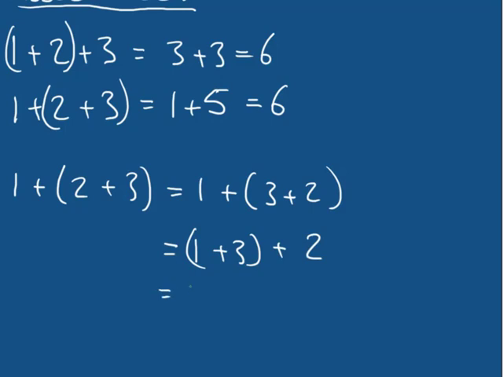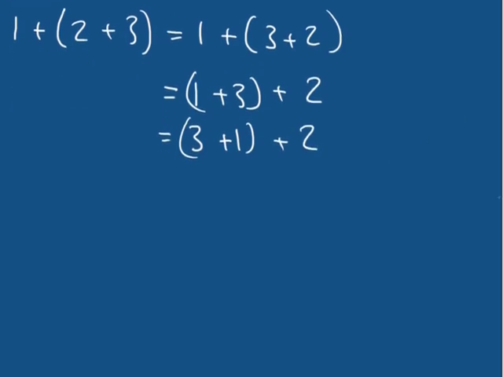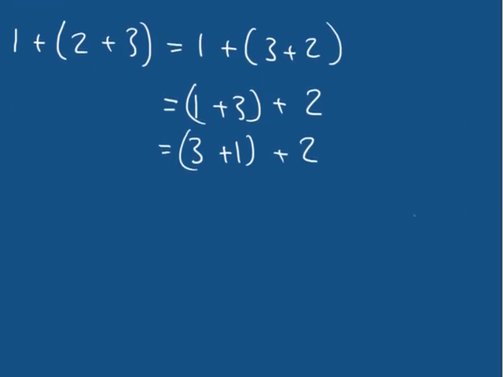So that is equal to (3 plus 1) plus 2, which, using the associative law, we can group with parentheses around the 3 and the 1, or around the 1 and the 2. So it's equal to 3 plus 1 plus 2.